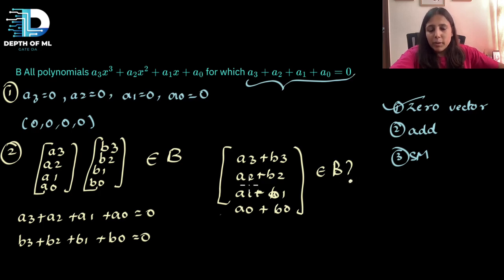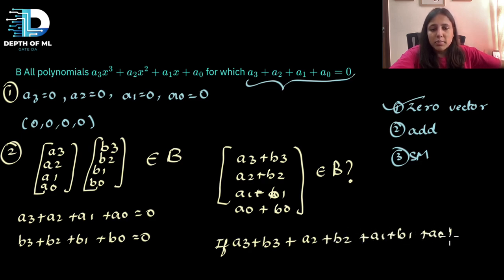It will belong if A3 plus B3 plus A2 plus B2 plus A1 plus B1 plus A0 plus B0 equals 0. Then yes, it is closed under addition.